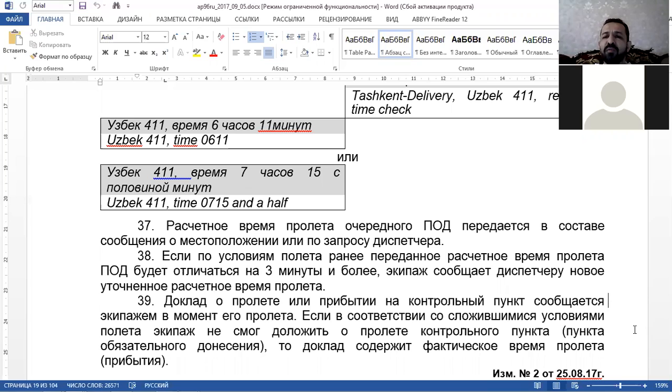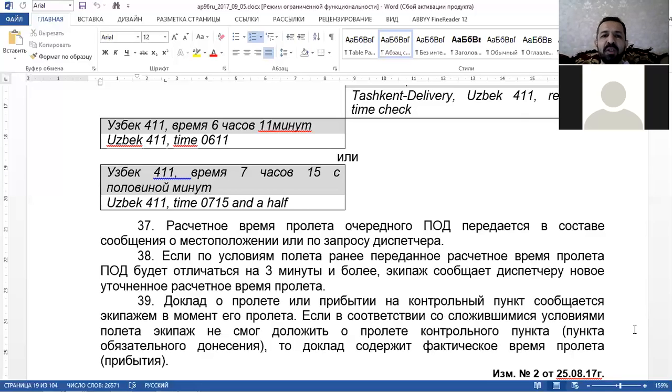This is why the rule is to round to a half minute. The accuracy of the watch is a half minute. For example, I can say 0611 and a half, if the time is 06 and 11 minutes and around 25 or 35 seconds. So you should round the time to the half minute.